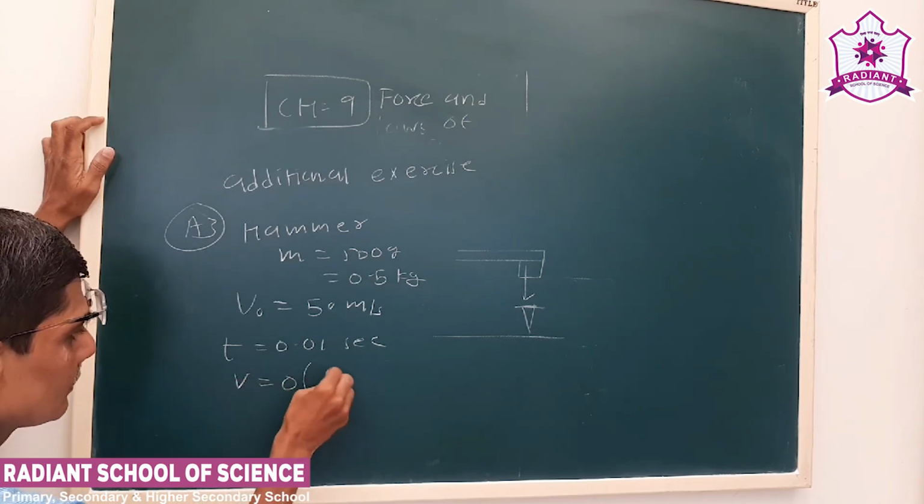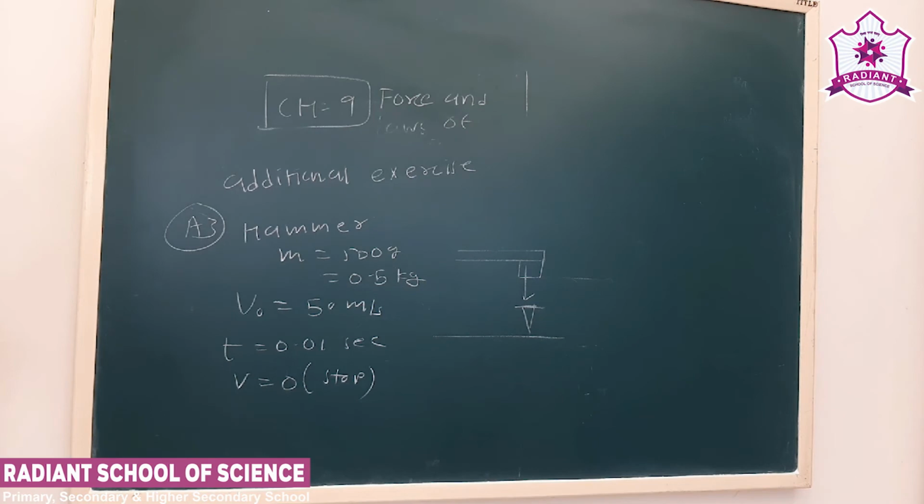Hammer stops, so the final velocity will be 0. What is the force on the hammer?